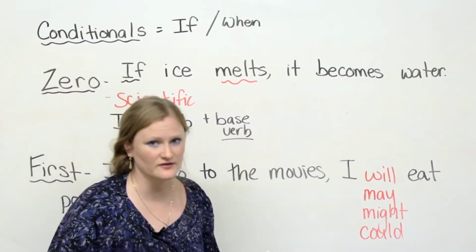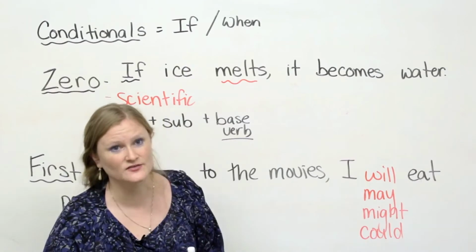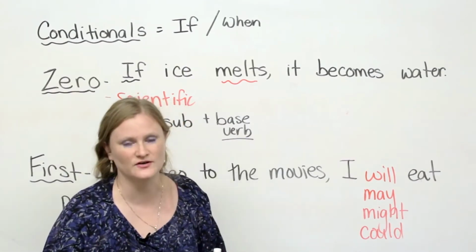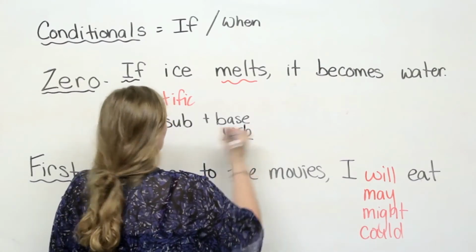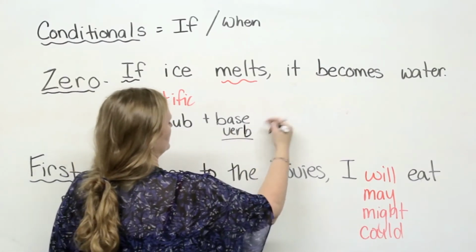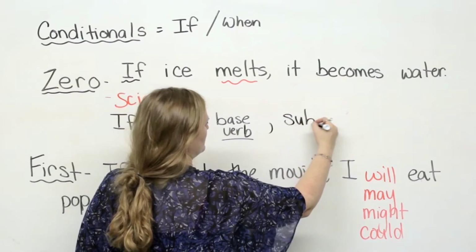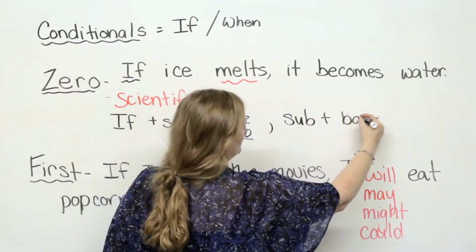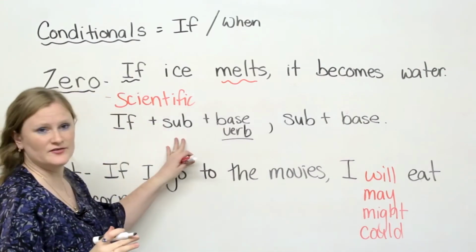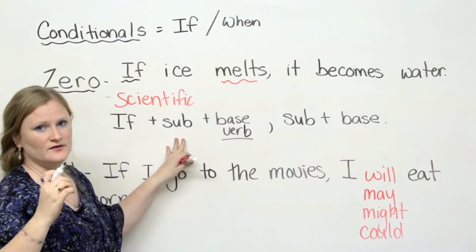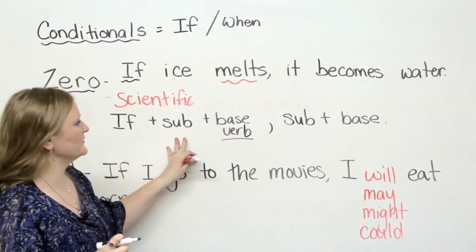You can't use a gerund, you can't use past tense, you can't use would, you can't use could. You must use the base verb. So, if subject plus base verb, subject plus base verb, again. This is the basic zero conditional pattern or style of grammar.